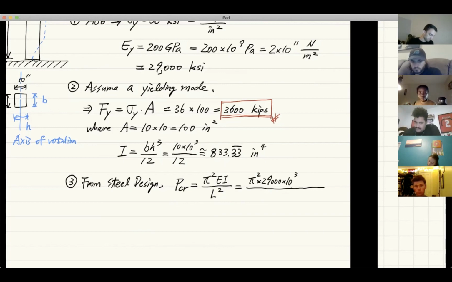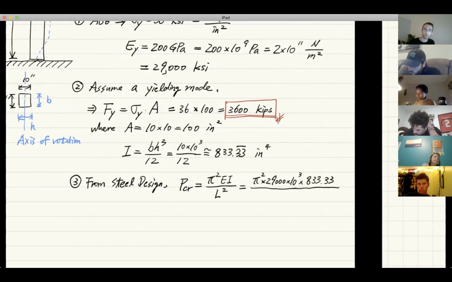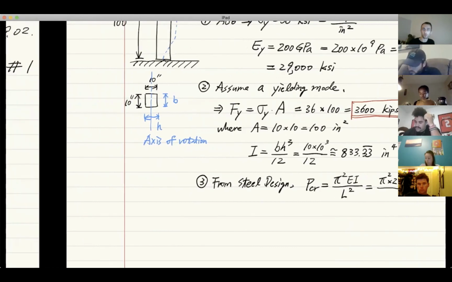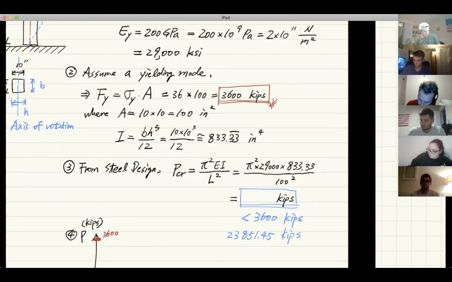The mass moment of inertia is 833.33. And everything divided by L squared, and L here is 100 inches. The result is about 2,384 kips. Is that right?